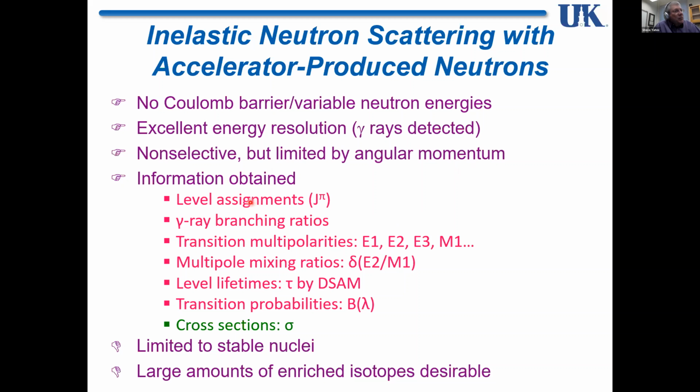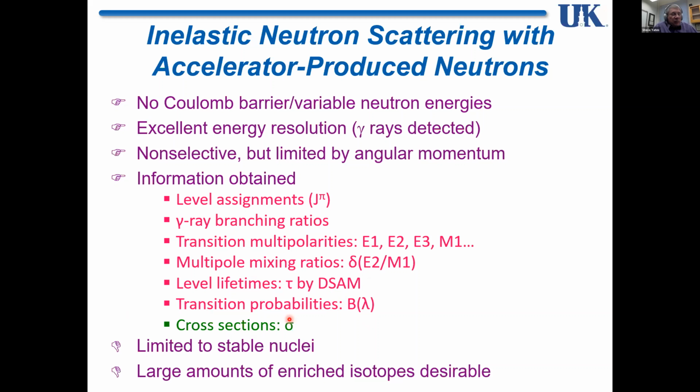And the information obtained, well, you get a lot of information. You get spins and parities, gamma ray branching ratios, transition multipolarities, multipole mixing ratios, level lifetimes. From all of these, you can determine the transition probabilities, and you can measure cross sections. Now, what are the disadvantages? Well, we're limited essentially to studying stable nuclei.